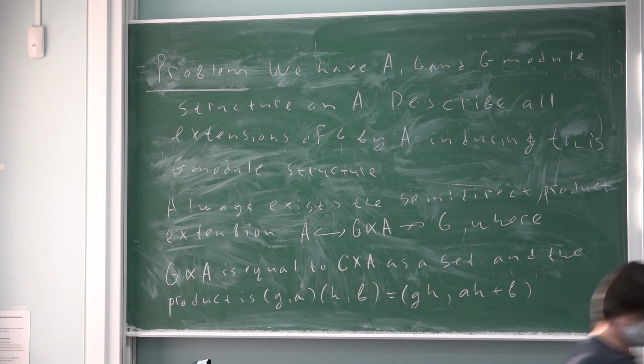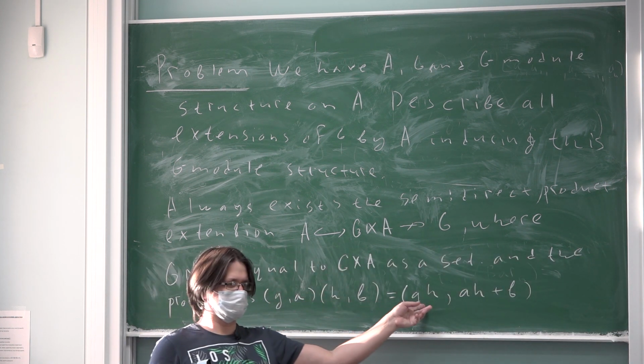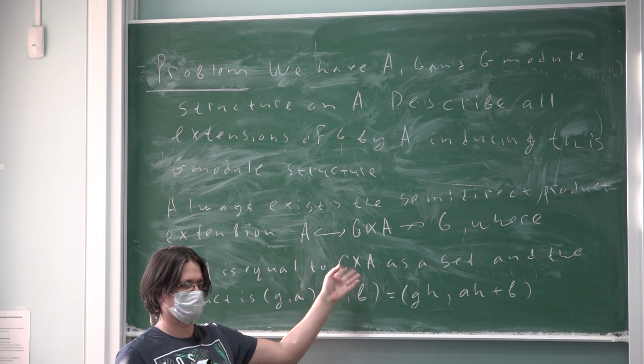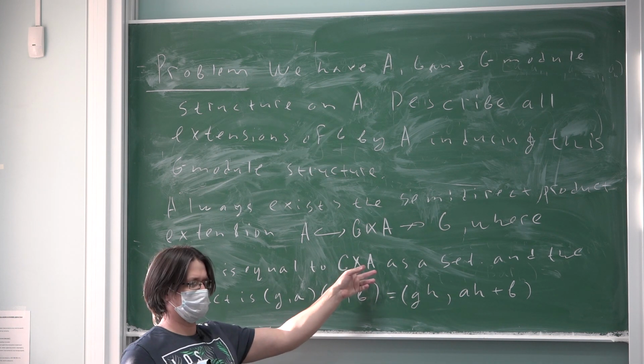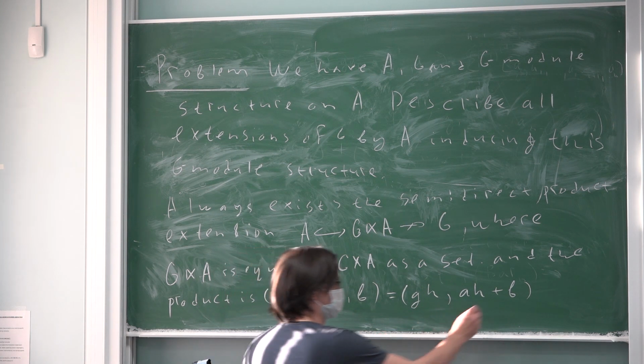Sorry, I forgot to say that the operation in G we will write as multiplication, and since for a while A is abelian, the operation in A we will write as a sum.